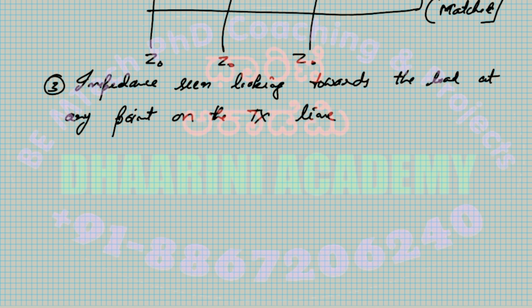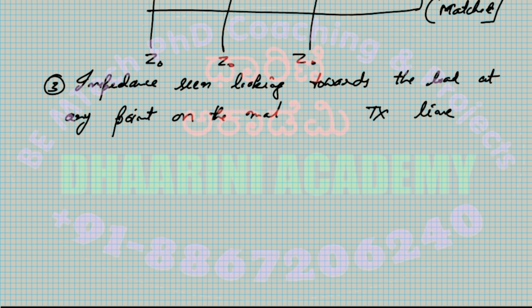I'll add the point here itself so that this becomes: on the matched transmission line. So that makes more sense. Just put it here, on the matched transmission line. So matched means it's understood, right? Yeah, the load value has to be equal to the characteristic impedance. All right. So whenever you move towards the load or away from the load, doesn't matter. It means the same value of Z. Is it okay? All right.